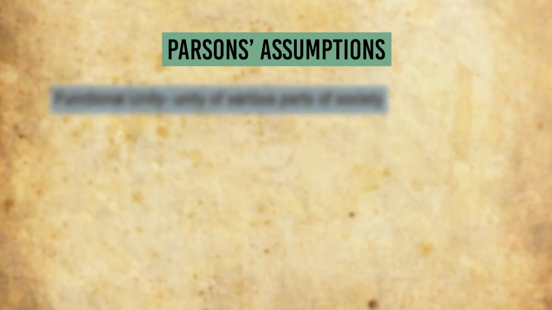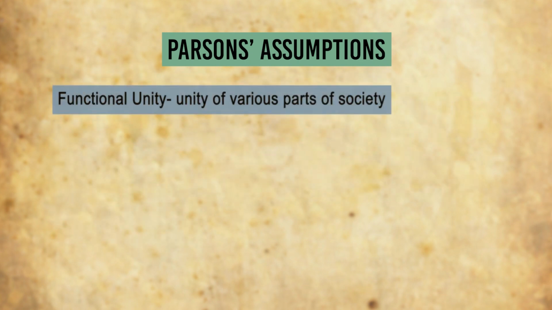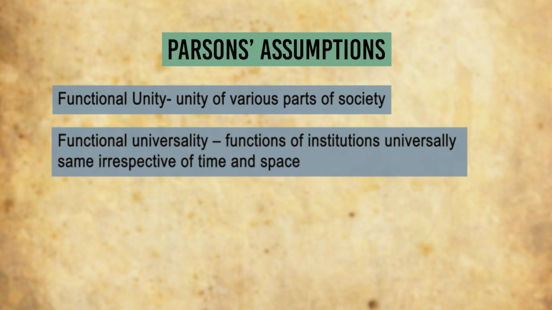Now, the first premise of Parsons was functional unity. He explained it as the unity of various parts of the society. Secondly, functional universality. Functions of institutions were universally the same, irrespective of time and space, argued Parsons.